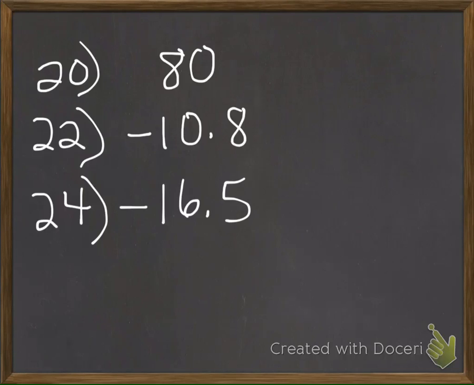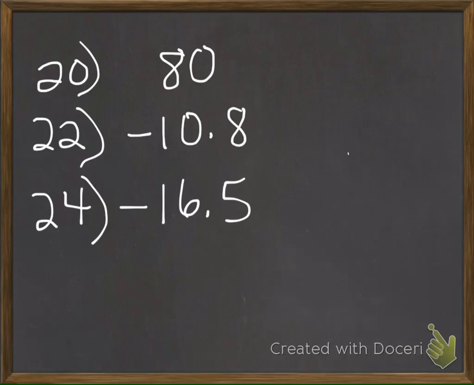So check those three. Any questions on 20, 22, or 24? All right, so let's go ahead and move to 26 so that we can work a couple of these so that you'll have them at home.